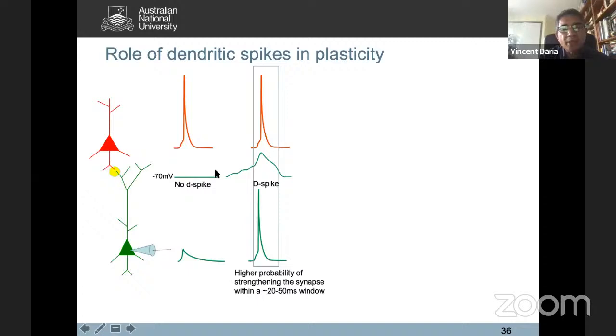Then the probability of this neuron firing an action potential will be higher, because this part here is already depolarized. So if this one is depolarized and this one is firing an action potential, then this neuron will have a higher probability of firing an action potential. This theory is well known in these regions because this is well studied. This is closer to the surface, and a lot of people are studying the apical tufts, but actually nobody is studying this region here, which is the obliques.